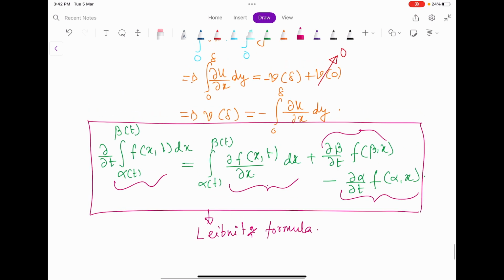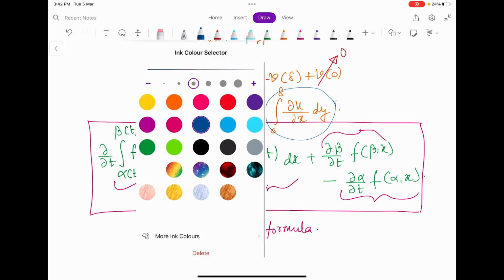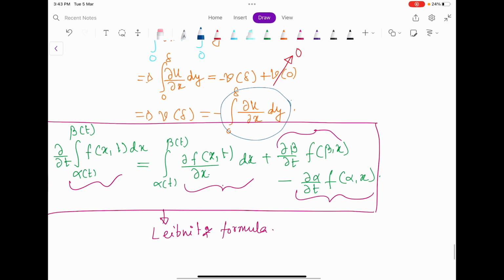Now for this integral, if we apply the Leibniz rule, then what is happening? For this integral, just see that beta is delta and alpha is 0. So alpha is a constant, it is neither a function of x nor a function of y. Here I don't have t but I have x, and instead of x I have y in the integral. So del alpha del x equals 0.